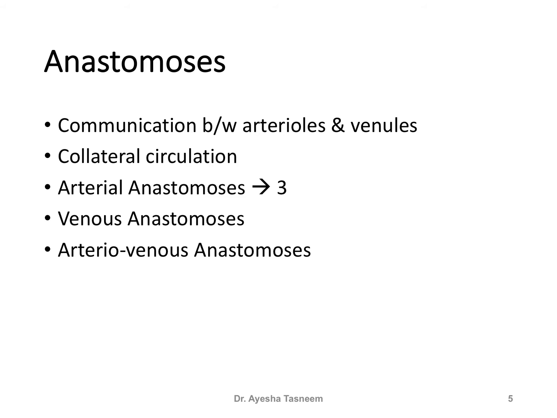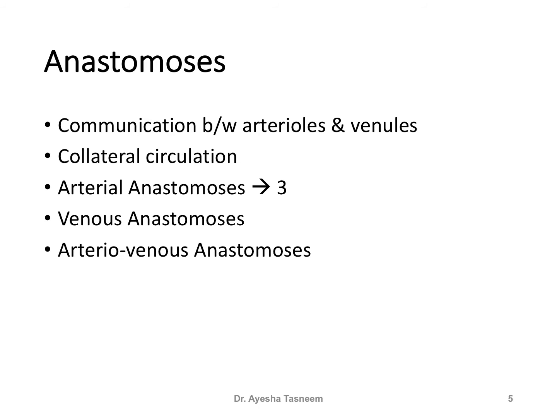Now we come to the anastomosis. Anastomosis is basically the communication between arterioles and venules. They give an alternative route, that's why they are also known as collateral circulation. We have 3 types of arterial anastomosis.